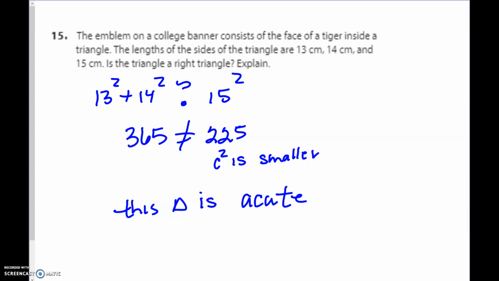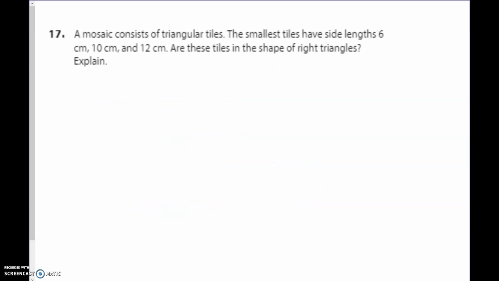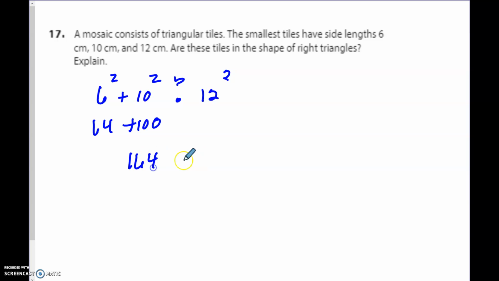Alrighty, so I think we have one left, number 17. A mosaic consists of triangular tiles. The smallest tiles have sides 6, 10, and 12. Are they right triangles? Okay, so the smaller 6 and 10 go together, and we want to know if that equals 12 squared. So we have 36 plus 100, so 136.